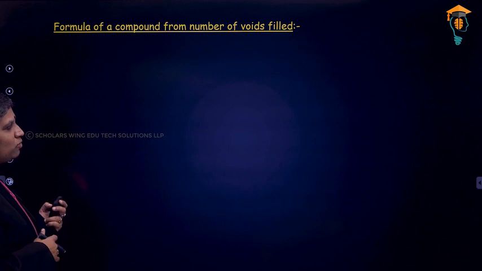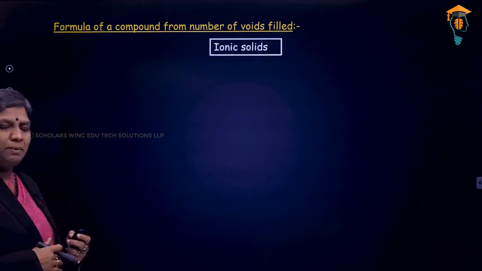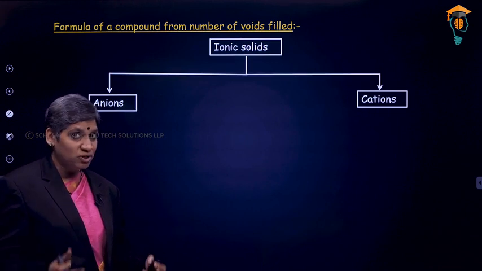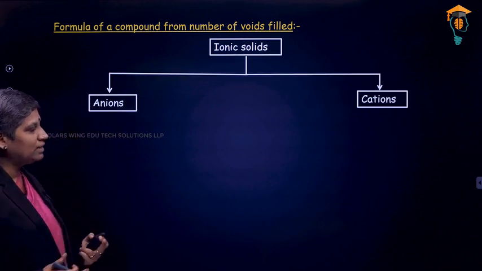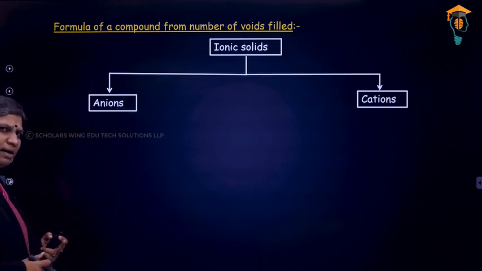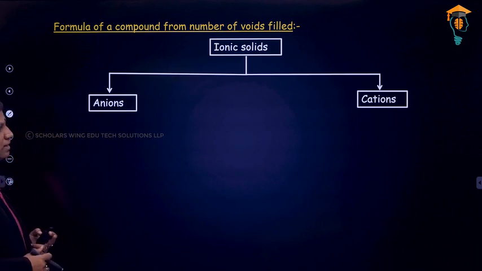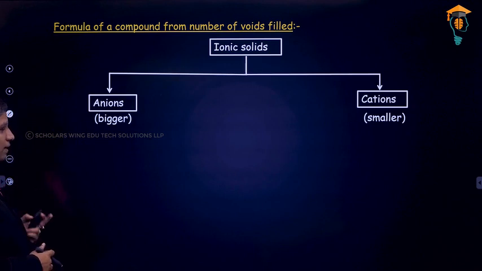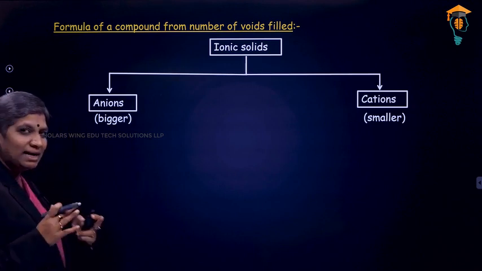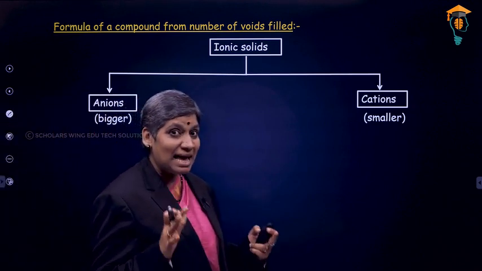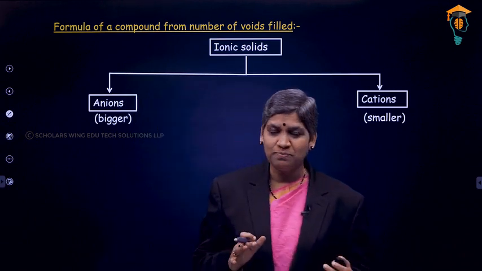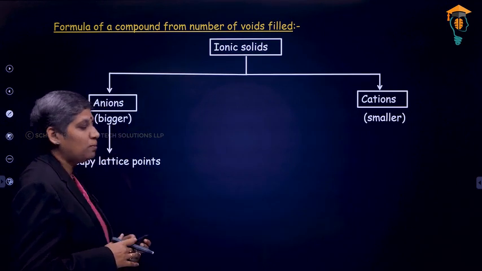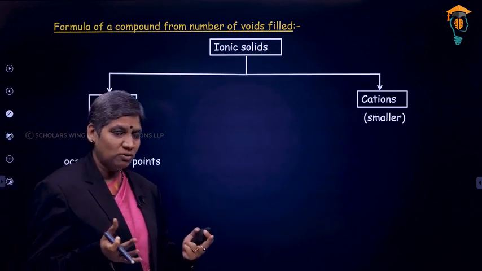Let us consider an ionic solid as an example. We know ionic solids are made up of oppositely charged ions, that is anions and cations. I hope you remember that anions are relatively bigger than the cations. As the anions are bigger, they tend to occupy the lattice sites or lattice points. Whereas the cations being smaller, they occupy the empty spaces or the voids.